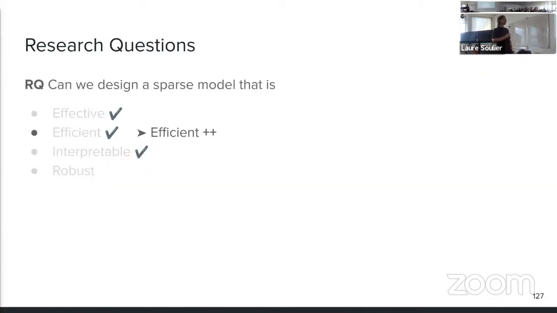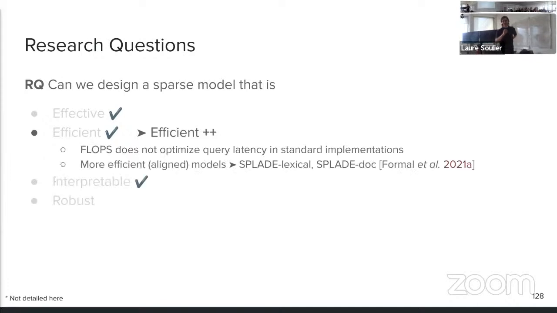So we have seen that SPLADE is effective, efficient, and also interpretable, but there are actually a few issues with the efficiency. And so I just give a brief overview here because I'm a bit short on time. So in the thesis, we show that actually minimizing the FLOPS regularization is not entirely aligned with the actual search time or the query latency.